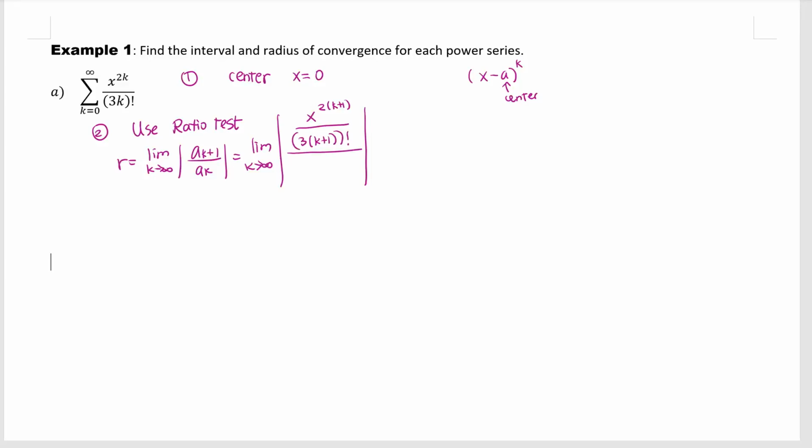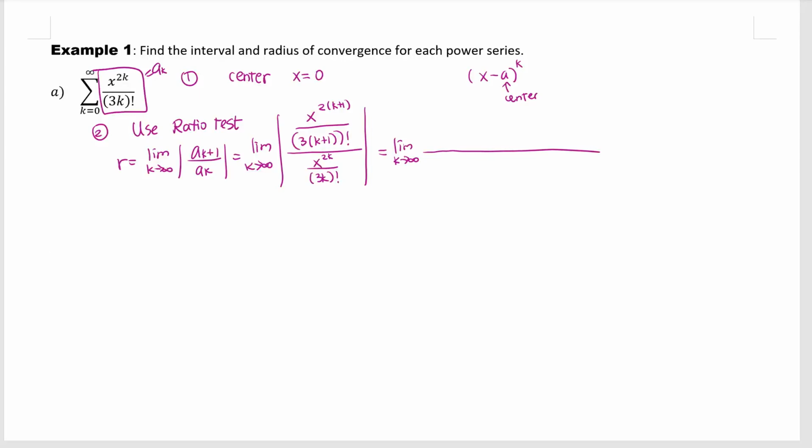Here, don't forget the parentheses. And then a sub k is, we just copy it down. By the way, this is our a sub k, x to the 2k over 3k factorial. Because all the terms are positive, we don't need the absolute value. And remember, next step, we're going to split. How do we split the top?